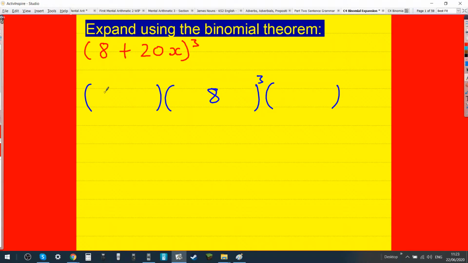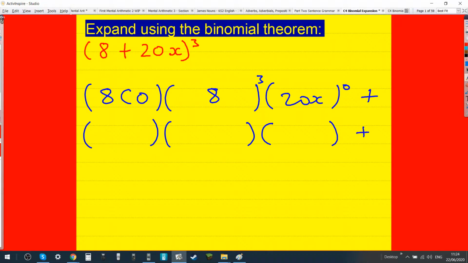So I would do, for the first one, 8 cubed, 20x to the 0. Second one. So is that not 8? So that's 8C0, because this is the first one. And then second one would be 8C1, 8 squared, 20x to the power of 1.